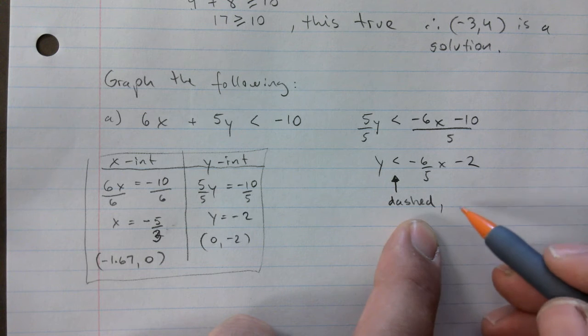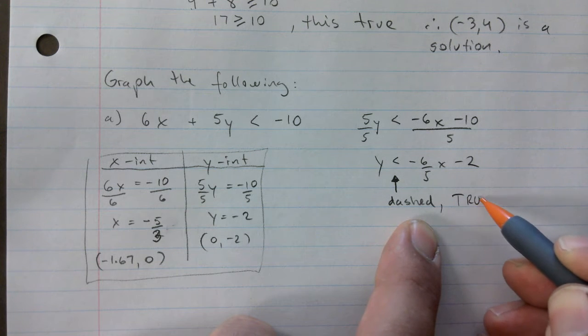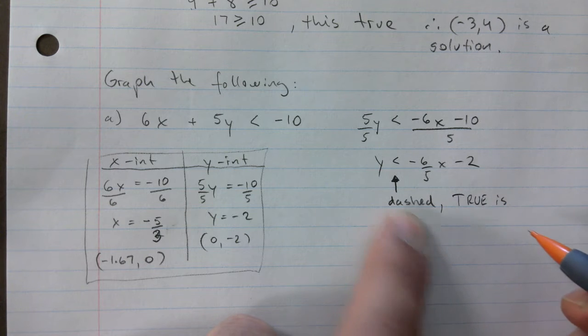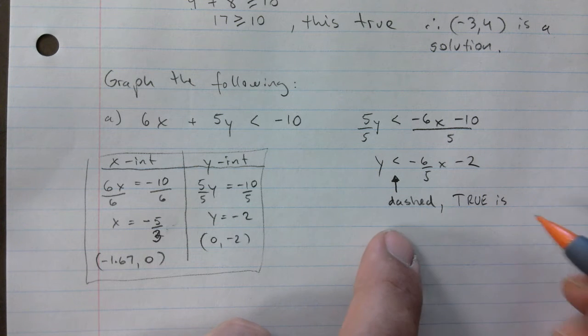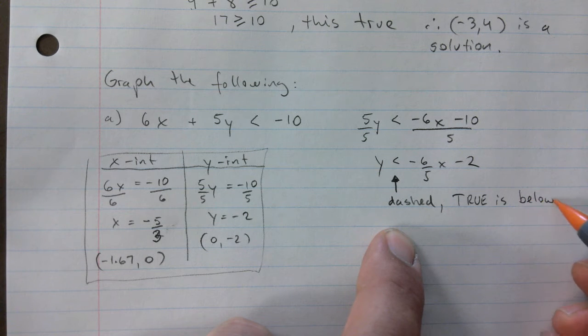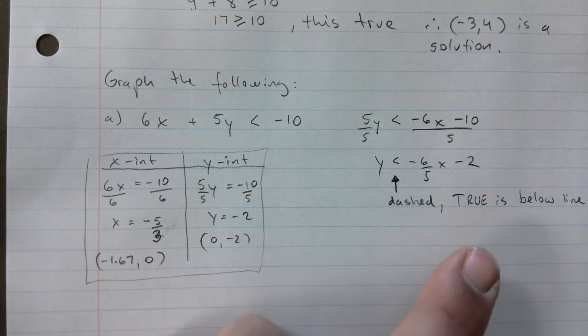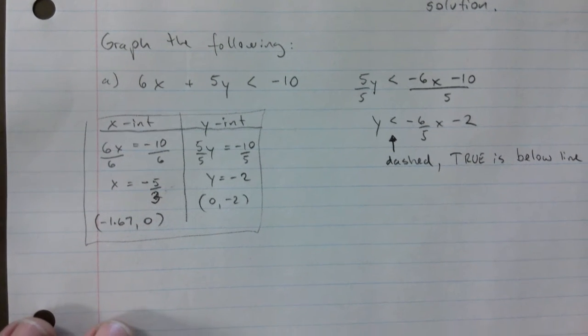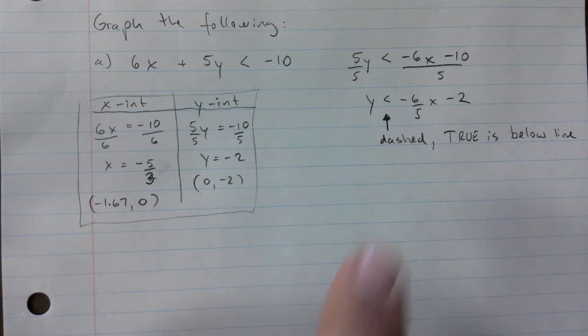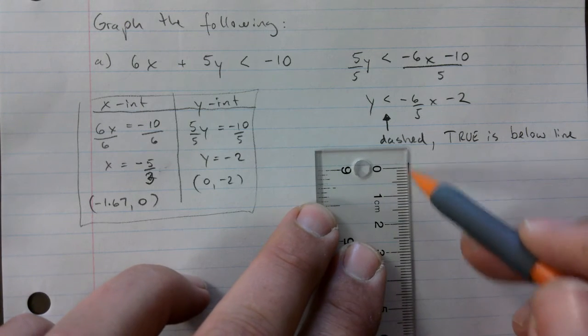And true is where? Y is less than. Now you can just look at that and say true is below the line, right? After a while, I'm just going to say true is below, that's it. But that way you know. So in rewriting, you came up with what the line is supposed to look like and where the true region is. So let's go do this. Shouldn't take that long.